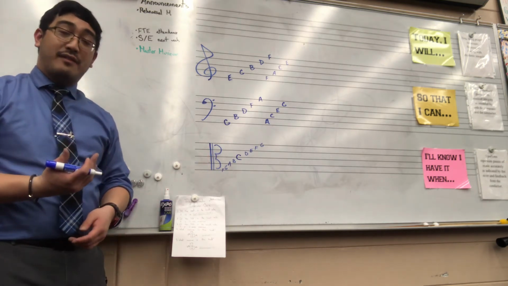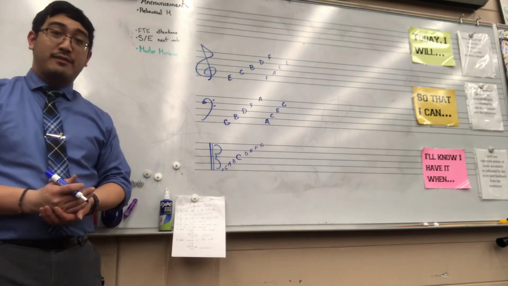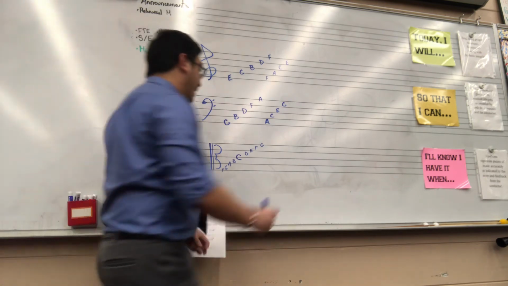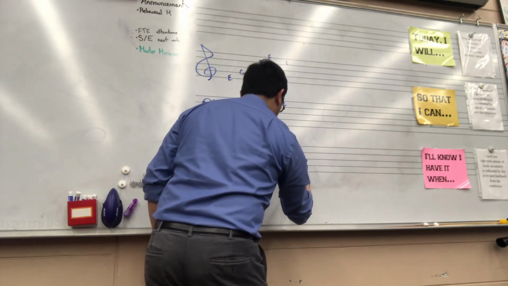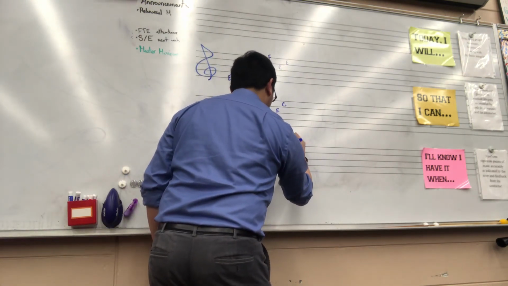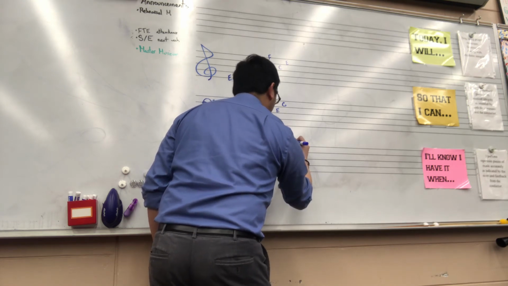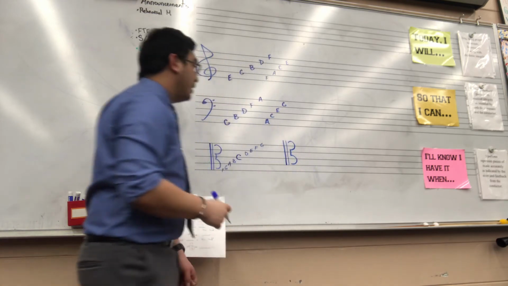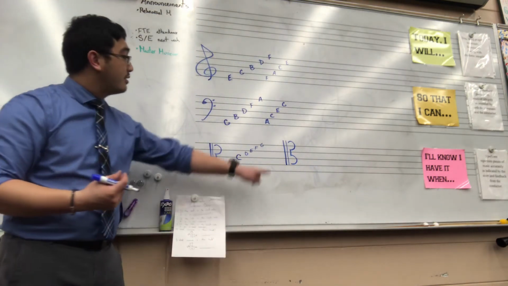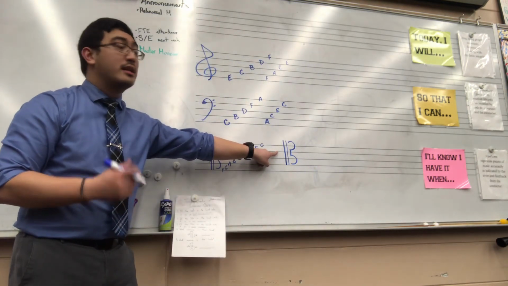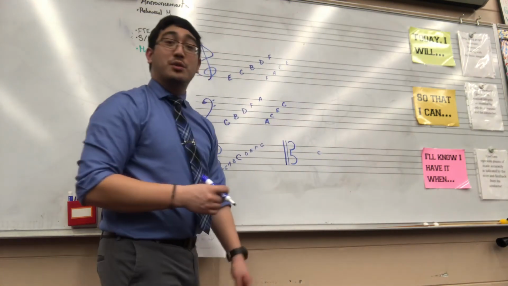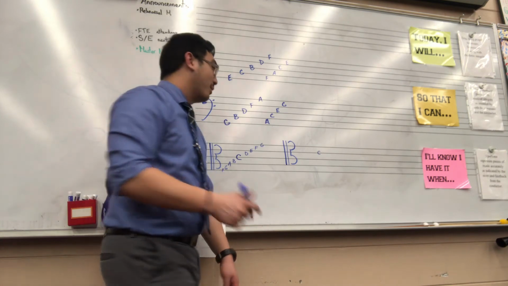The tenor clef is another C clef. It has the same shape, but is shifted a little bit. In this case, C is on that fourth line. Same principle. Find where C is and use the alphabet to figure everything else out.